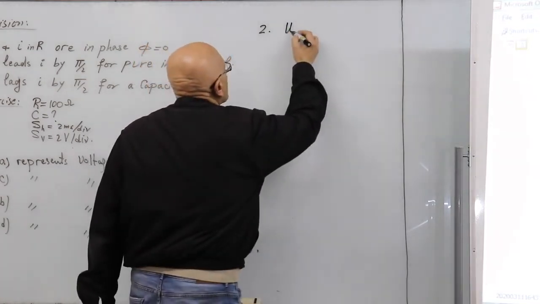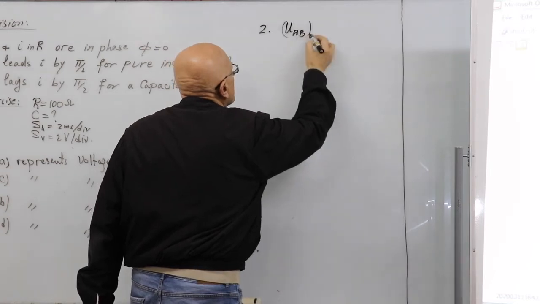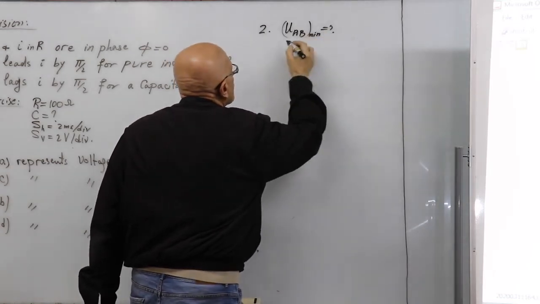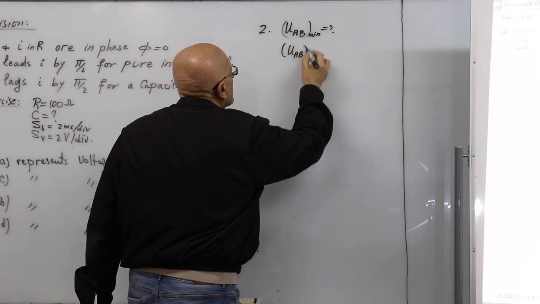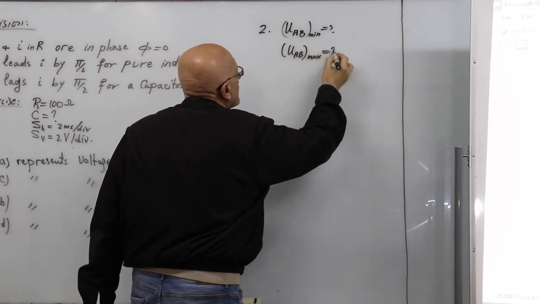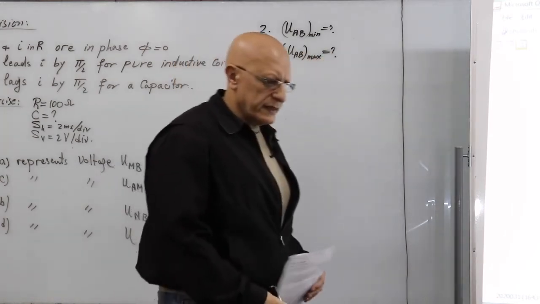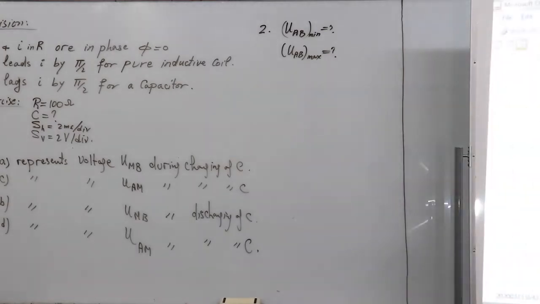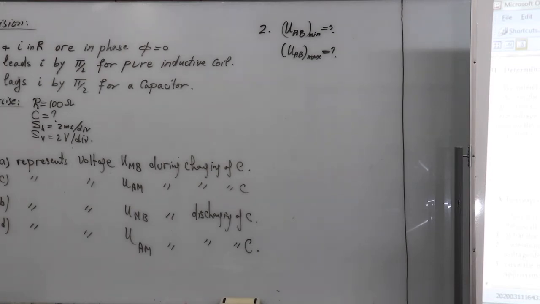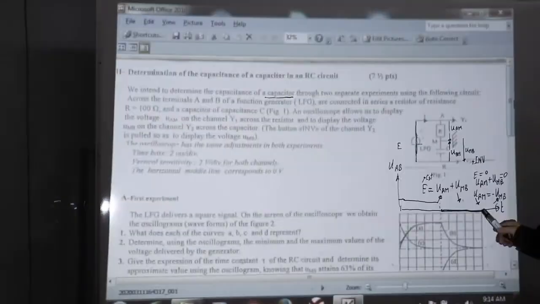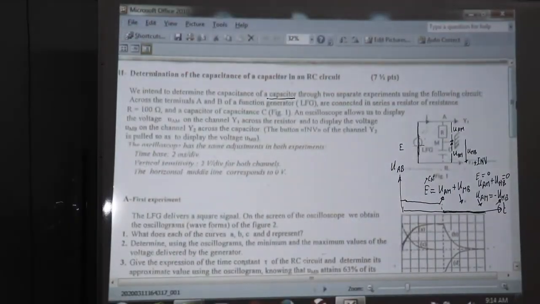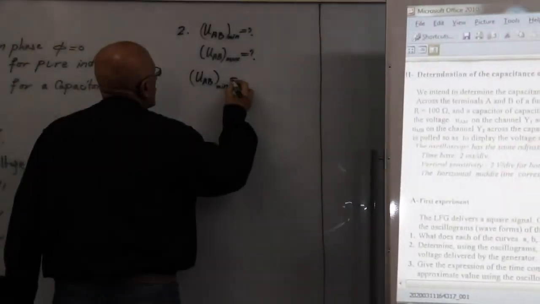So we want to find UAB minimum and UAB maximum. As we said here, look at the voltage of the low frequency generator. It has maximum value E and minimum value 0. So the minimum value UAB minimum is equal to 0.